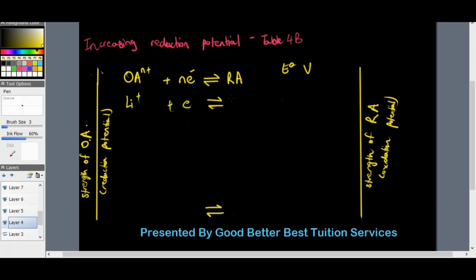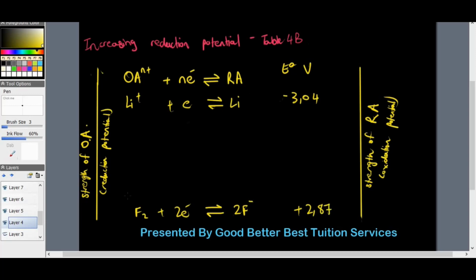On top, it gives us Li with the cell potential 0.4, and now at the bottom we've got F2 plus 2e⁻, which gives us 2F⁻, plus 2.87. That's the only difference.